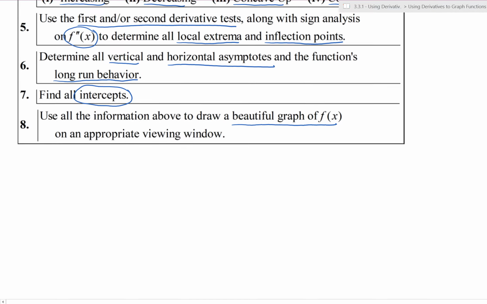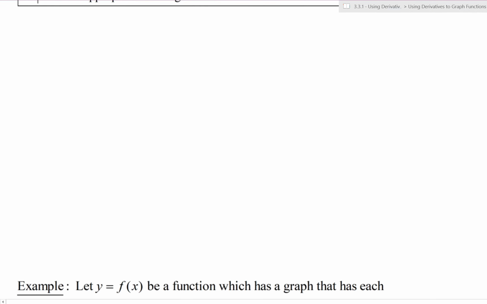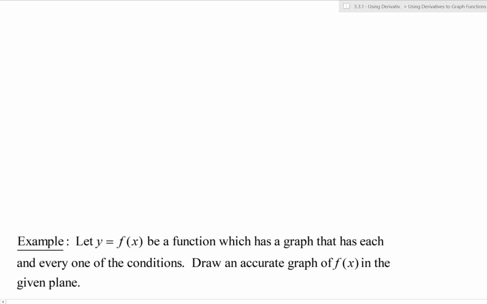Now, we're going to start by looking at an example in which, instead of just being given a function and its rule and then dissecting everything, we don't know what the function is, but it's going to have a graph such that a whole bunch of different conditions are met simultaneously, and we piece together all this simultaneous information to draw a very nice graph of the function.